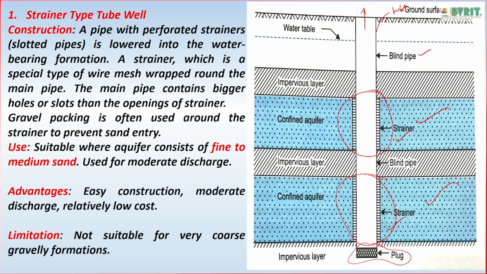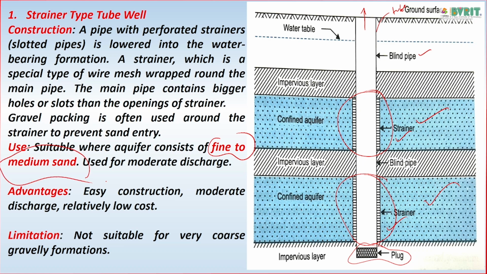At the same time we take precautions so that it allows only water, but never the soil from the aquifer, because an aquifer consists of both soil and water. So it draws water only, not the soil. This is where this type of strainer well is used.